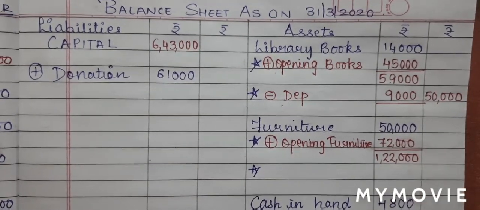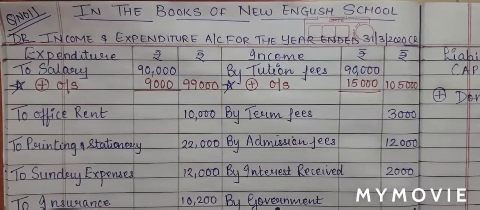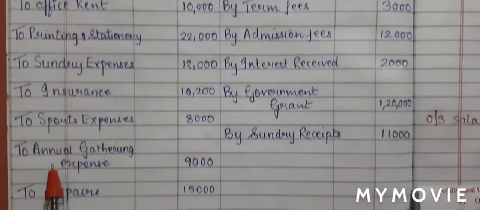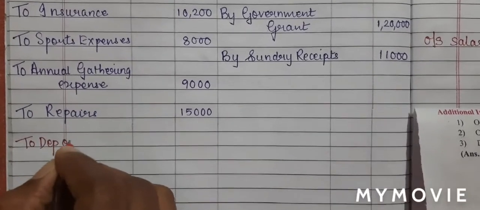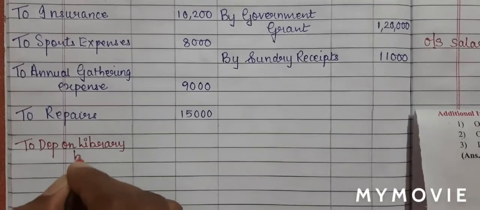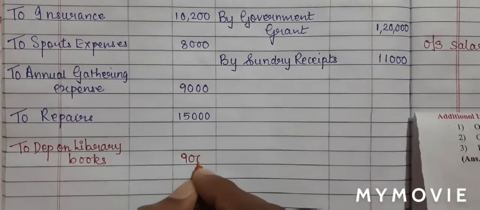This is my first effect for depreciation on library books. My second effect will be on the expenditure side. I'll write down to dep on library books. In the outer column, I'll write the amount 9,000.